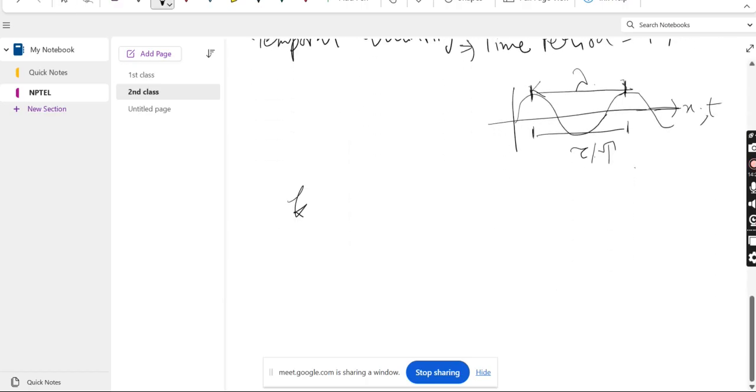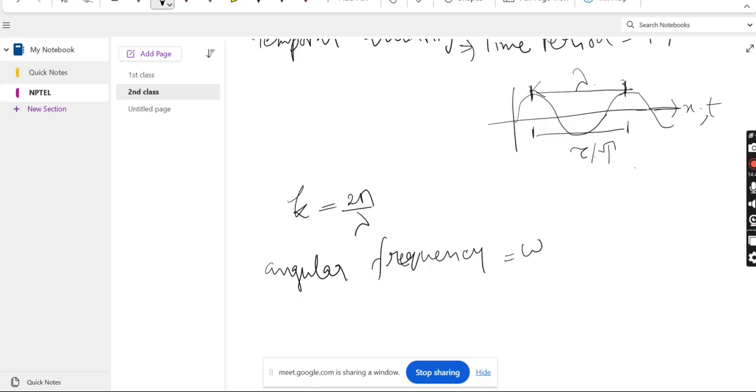So we know that the wave vector k is 2 pi by lambda, and there are two kinds of frequency: angular frequency, which is omega, and cyclical frequency, which is basically omega by 2 pi, which is mu.